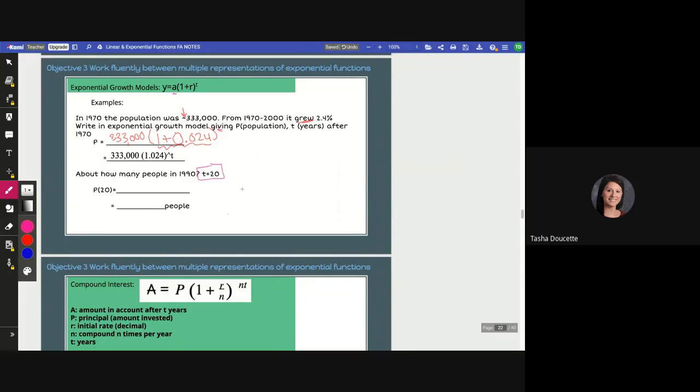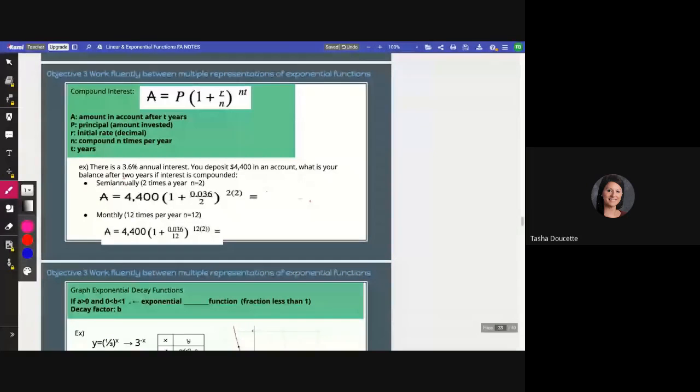So I use the equation that I just created, and I do 333,000 times 1.024 to the 20th power. When we plug that into our calculators, and I encourage you to use calculators, you're going to get 535,110 people.